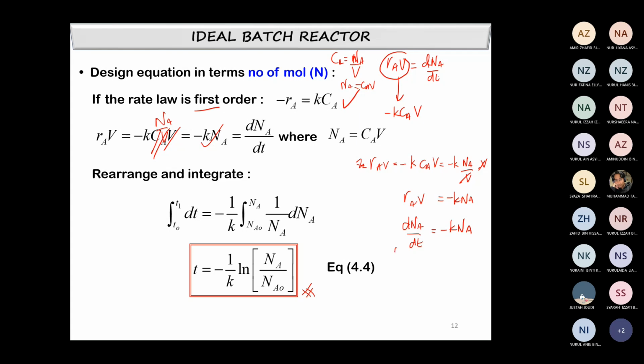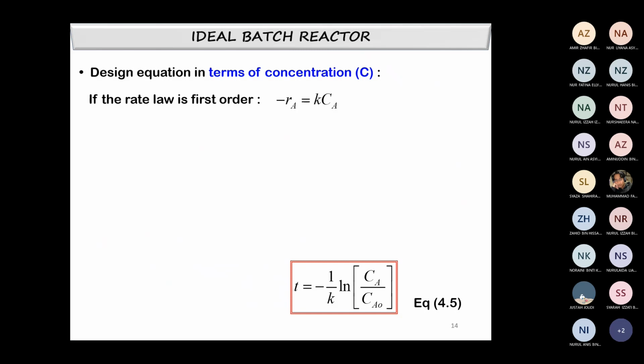You will have the integral from 0 to t of dt is equal to, just rearranging here, 1 over k times the integral of 1 over NA dNA from NA naught to NA. You integrate 1 over NA dNA, it becomes ln NA minus ln NA naught, or you can write ln NA over NA naught. Just put it here, you will have this equation.